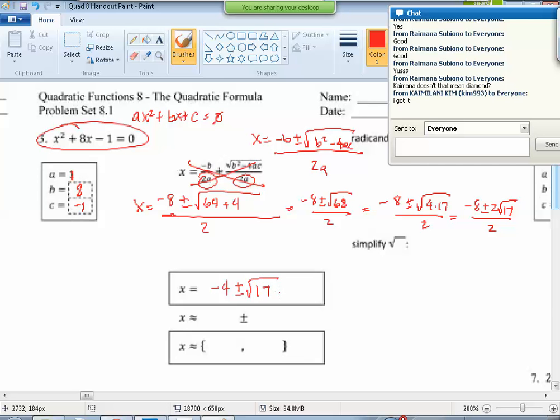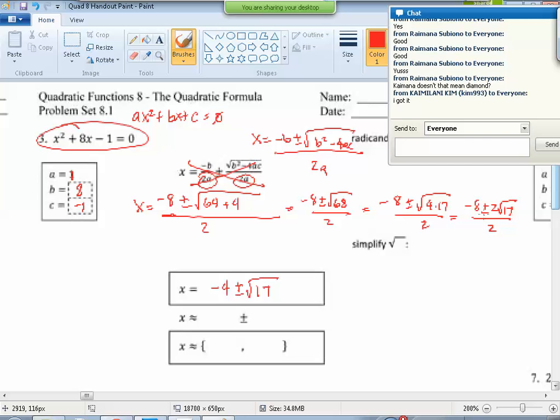Are we cool? Which 2? This 2 right here, this 8 became a 4. I divided the 8 by 2, and I divided the 2 square root 17 by 2. You see what I mean? That in the box is our answer.